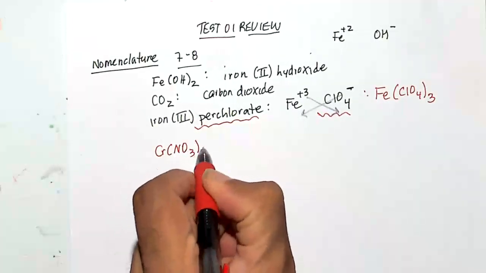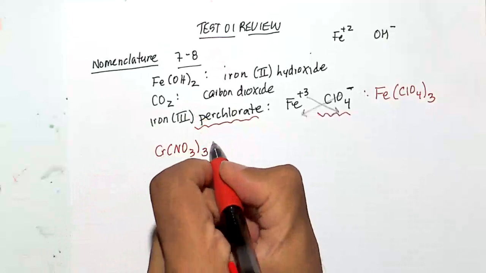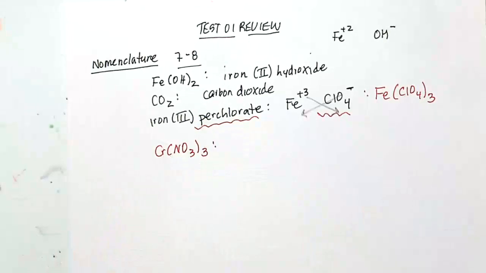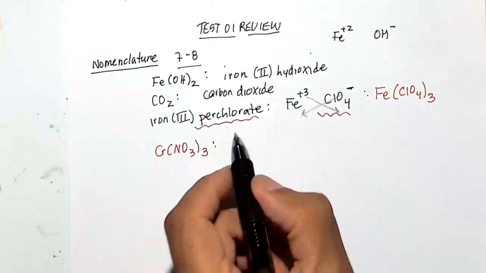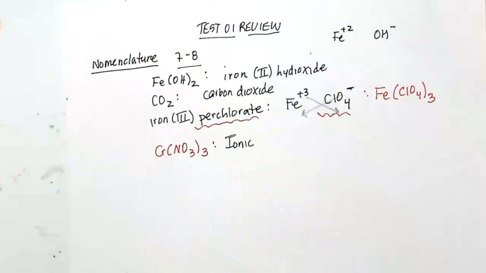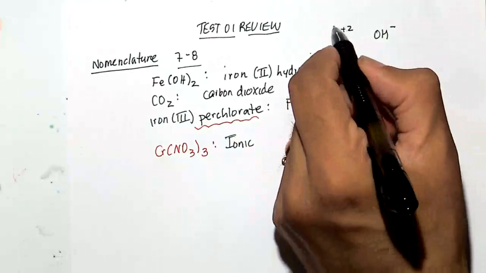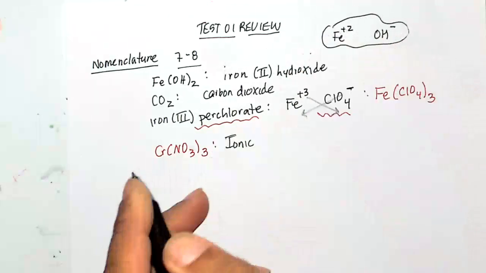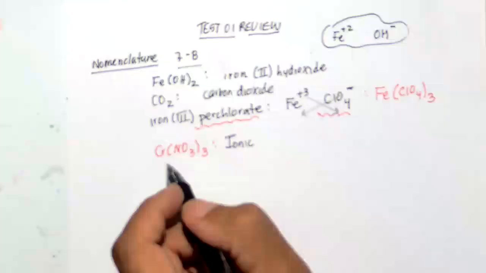Okay, how about this one here? How will you name this compound, and is it ionic or covalent? This will be ionic. How will you name this compound? What is Cr?